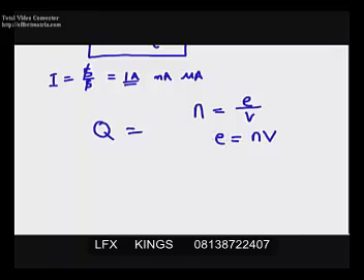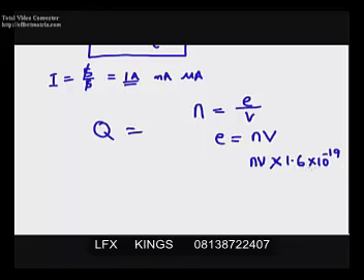So we convert the electrons to charge by multiplying by a factor, 1.6 times 10 raised to the power of minus 19. This is the charge of one electron.